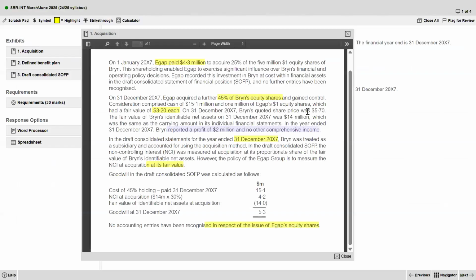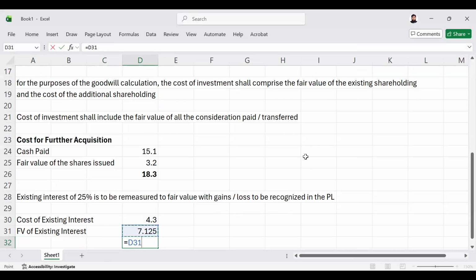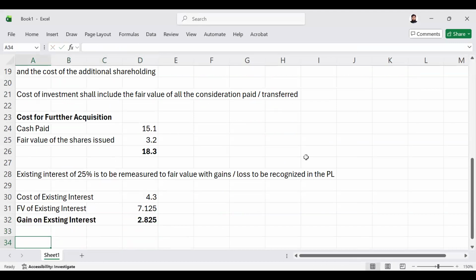Each share of Brian is 5.7. 5.7 multiplied by 25% multiplied by 5 million is 7.125. So this is a gain on existing interest. Now what next is going to be there?